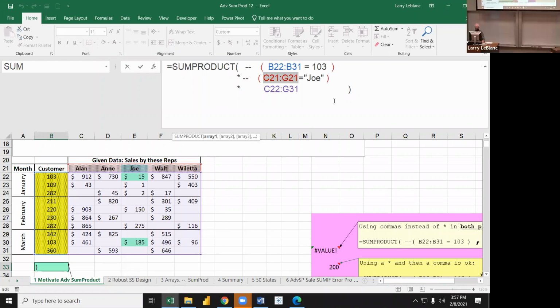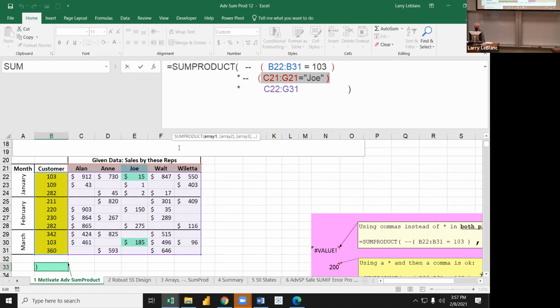Let me minimize that. C to G21 is a bunch of labels: Alan, Joe, Walt, and Willetta. C to G21 equals Joe is a bunch of trues and falses. False, false, true, false, false.